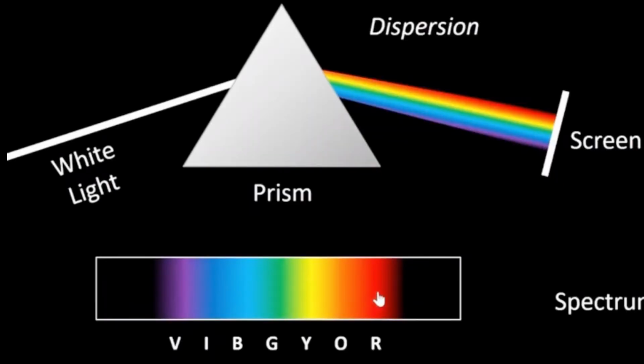The spectrum of white light that we can see ranges from violet, indigo, blue, green, yellow, orange, red. Here you can see one merges with the other, so you cannot distinguish a particular wavelength of light from another. Because of that reason, this type of spectrum is also called a continuous spectrum.